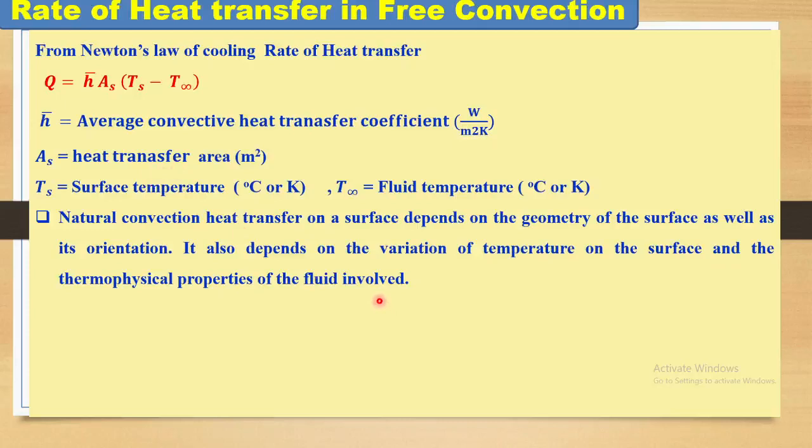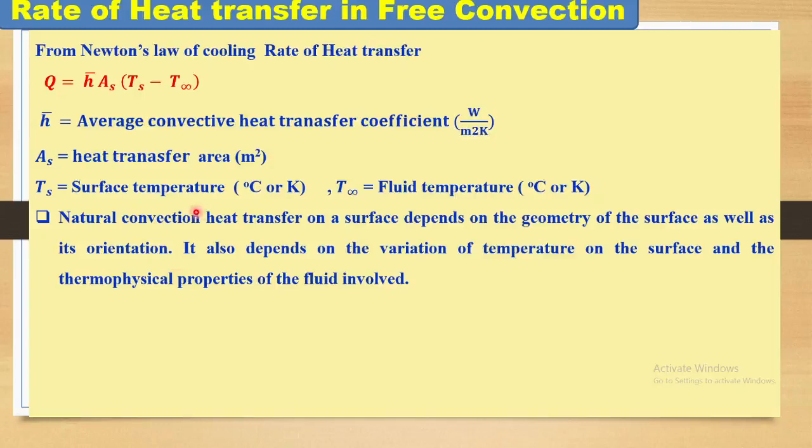The rate of heat transfer by natural convection process depends on the geometry of the surface as well as its orientation. If the surface area is constant and the same geometry is placed in different orientation with respect to any reference datum, the heat transfer rate will vary.